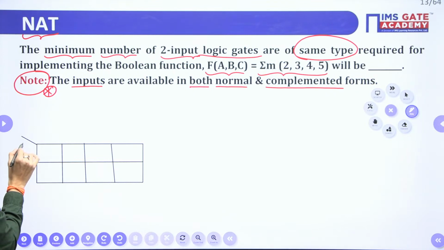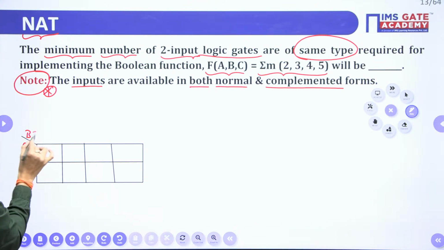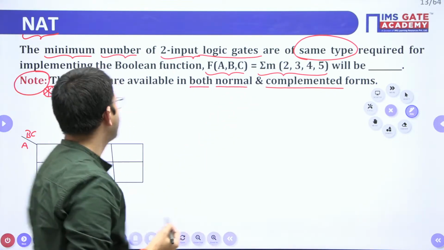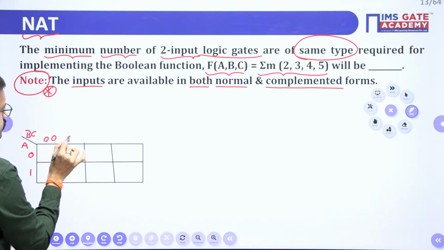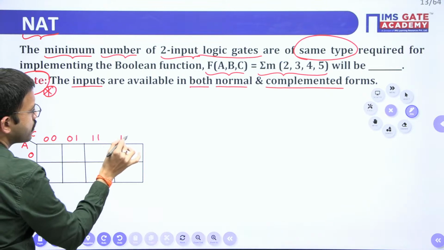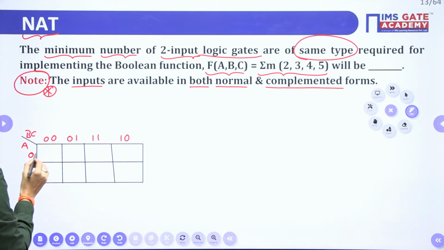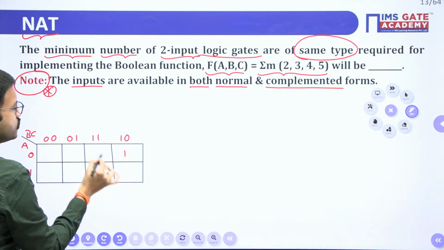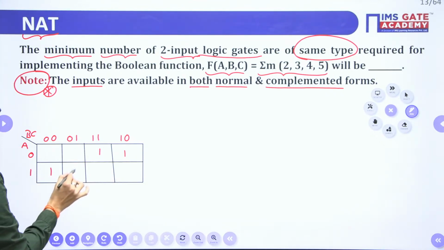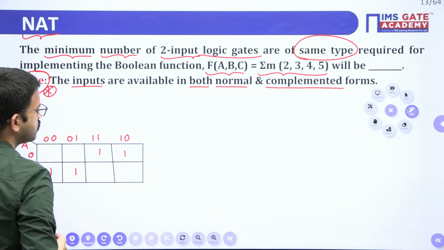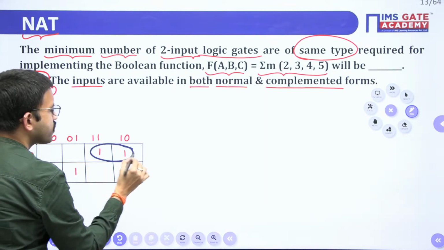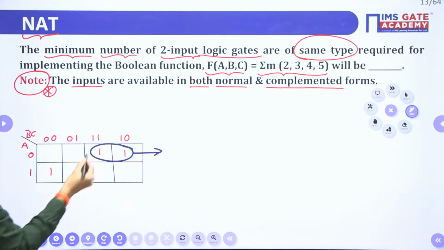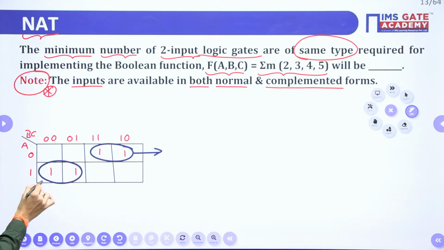Here the Boolean function they have given is f of ABC equals sigma m 2, 3, 4, 5. So just do the simplification. You will group these two ones and group these two ones.